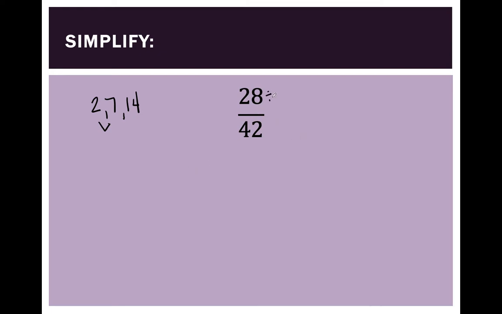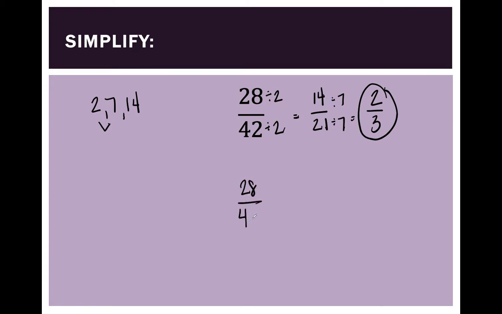So let's say you recognize that they're both even, so they can both be divided by 2. So if you divide them both by 2 first, you get 14/21, and then you know that those are both multiples of 7, so if I divide by 7, I get 2/3. If you recognize 7 as a common factor first, you could divide by 7 first and get 4/6, and then divide by 2 and get 2/3.